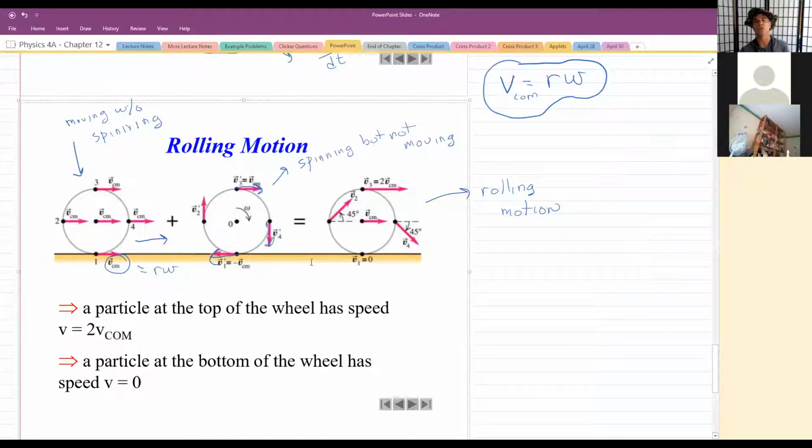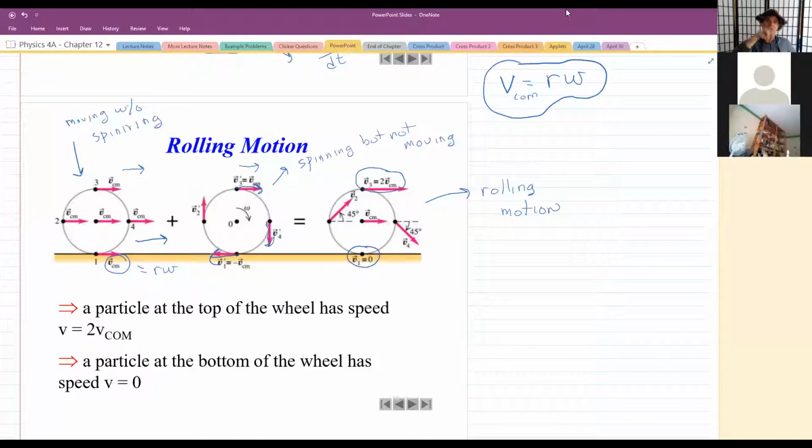So rolling motion would just be combining these two, which means the top is moving forward to the right, and what you'd see is the top of the wheel is actually moving at twice the speed that the center of the wheel is. And the bottom of the wheel, where it's actually touching the ground, is momentarily at rest.